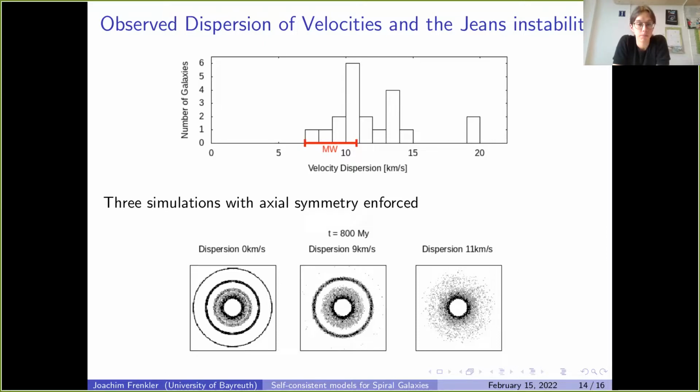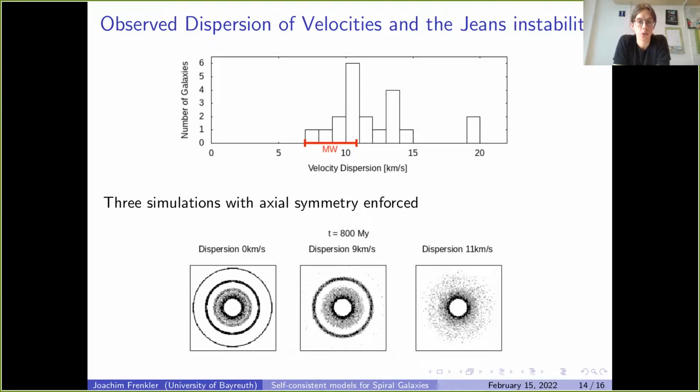And any dissipative process, however strong it might be, will not be able to reduce the dispersion below the threshold between the Jeans instability and stability, because once the dispersion is reduced below this critical value, the Jeans instability starts to work against it and increases the dispersion again.